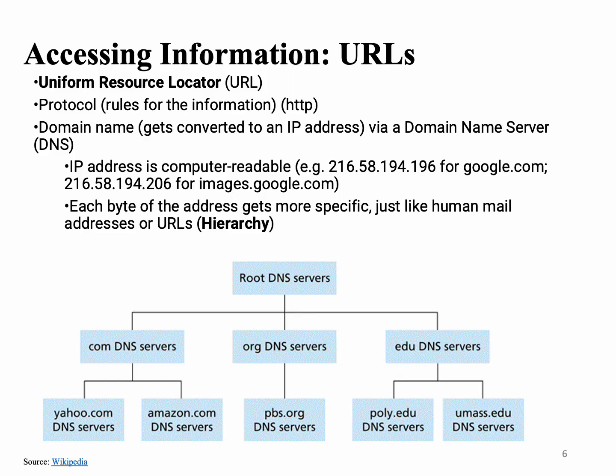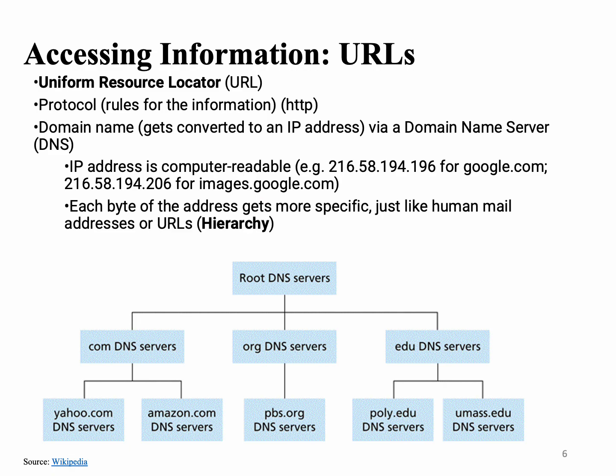Remember, everything is bytes, so even though you're typing in something like google.com, it gets converted into something computer readable, which are these IP addresses. I have here some examples of IPv4 addresses, which are these numbers between 0 and 255 separated by dots. And these numbers may not currently be correct because these do change over time.